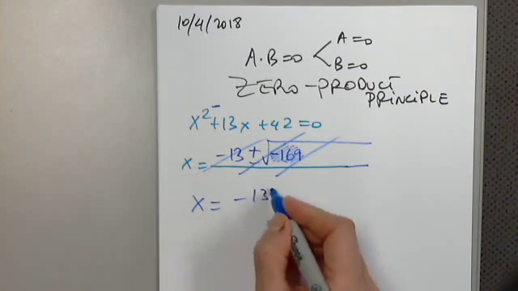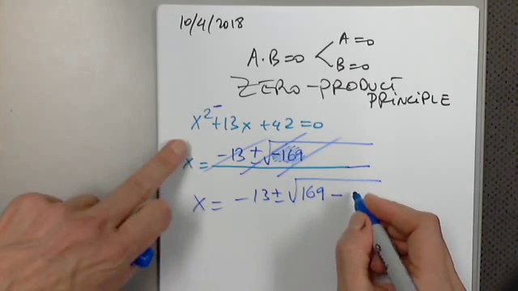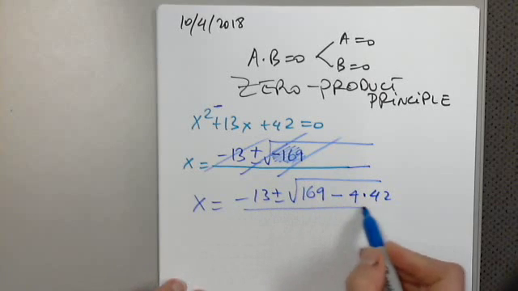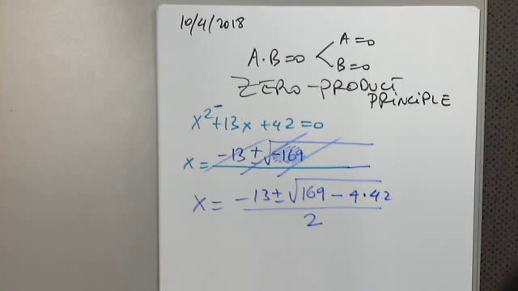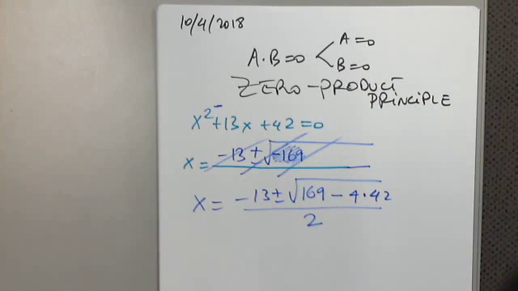So x equals negative 13 plus or minus the square root of 169 minus 4 times 1 times c, divided by 2a, which is 2. Now let me show you how I would do this in the graphing calculator. Of course, if I don't get an integer or integers, I may have to go back and determine this and then try to simplify the square root.